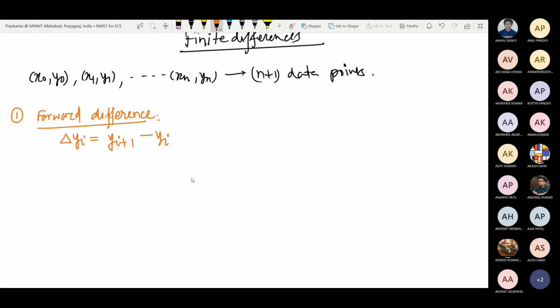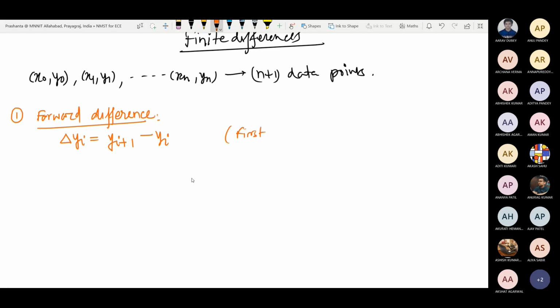Difference of the value at the i plus 1th output position minus the value at the ith output position. So that is the notation for delta yi. This is called the first order forward difference at yi.